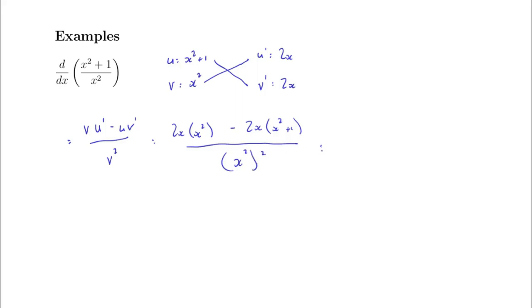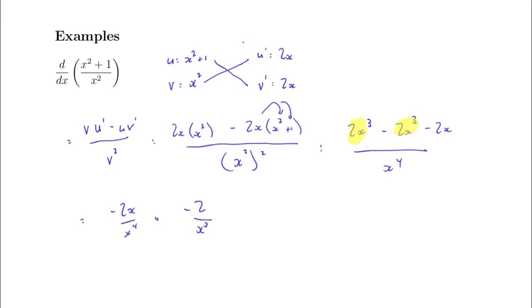I can do my multiplication now, and I've got 2x times x squared, that's going to be 2x cubed, minus 2x cubed minus, I'm doing the distributive property here, 2x all over x to the 4. And now we can just do some simplification. That's negative 2x over x to the 4. Obviously, our 2x cubed minus 2x cubed add up to 0. And then we can reduce this and say this is really just negative 2 over x cubed. Cool.